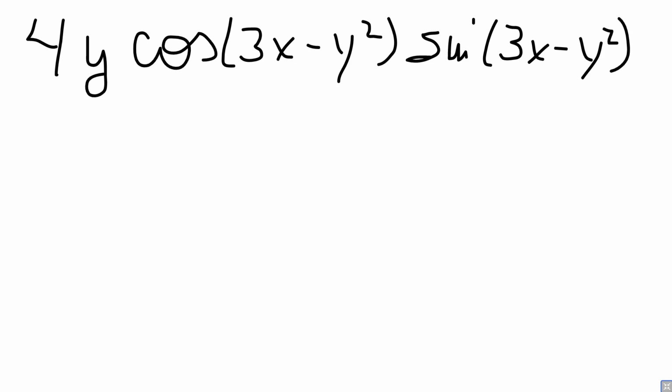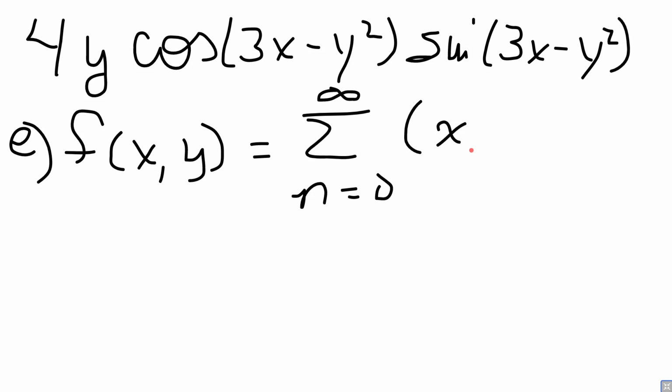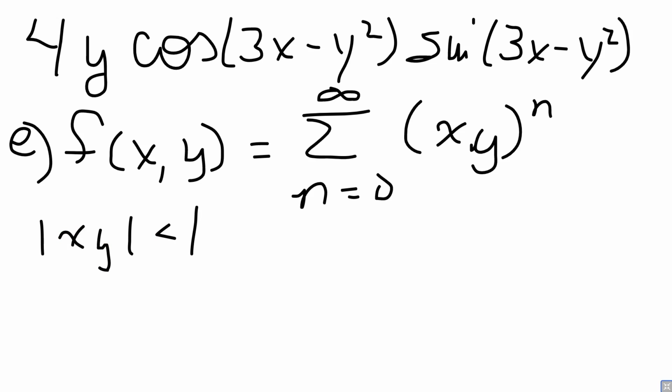Okay. All right, so next, let's look at the last example that we have. It is this: f of x, y is equal to the sum as n equals 0 to infinity of (xy) to the n, and we're told that the absolute value of xy is less than 1.